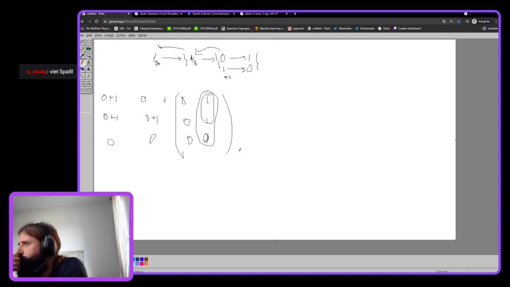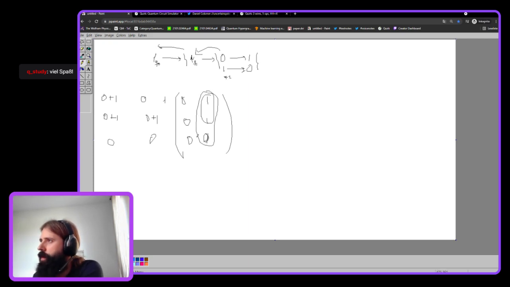But now this hyperedge, this group here, makes no sense anymore, because as I said, there's no information that you're explicitly storing there. Regardless of the states, you know that this is always in the state zero.